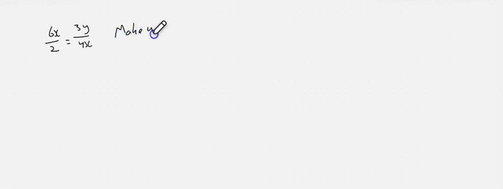What if we were given 6x over 2 is equal to 3y over 4x, and we're asked to make y the subject? When we have a situation like this where we have two fractions on either side of the equal sign, the shorter way to do it is to cross multiply.